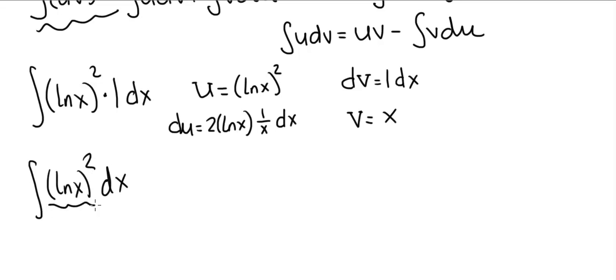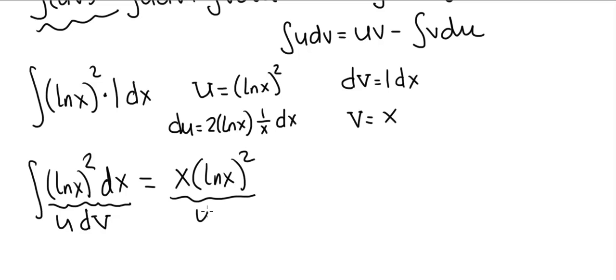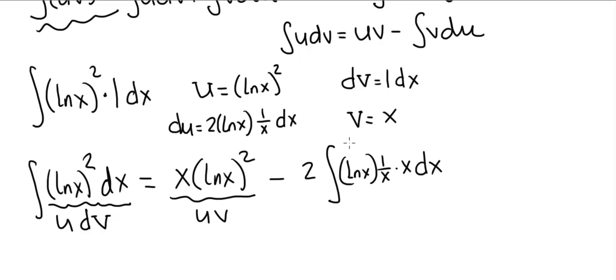We're calling this difficult integral the integral of u dv, and now express it as u times v. I'll call it, instead of writing u times v, we will write vu, x times ln of x quantity squared. So there's nothing to do here. This part is finished, minus the integral of v du. So let's write this. We have a 2 in front, and then we have ln of x times 1 over x times x dx.